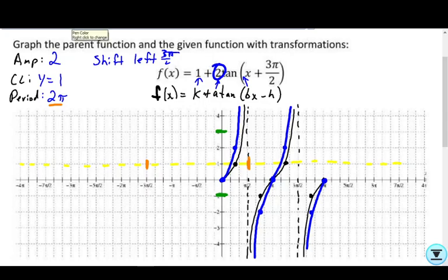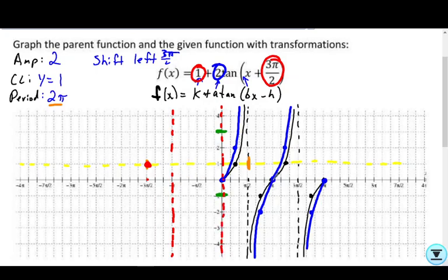And then I'm going to do my shifts at the same time. So all of these, this is going to go here, up 1. This one here, oh, let's do the asymptotes. So the asymptote here is going to end up right there. And 3 pi over 2 is going to end up at 0.